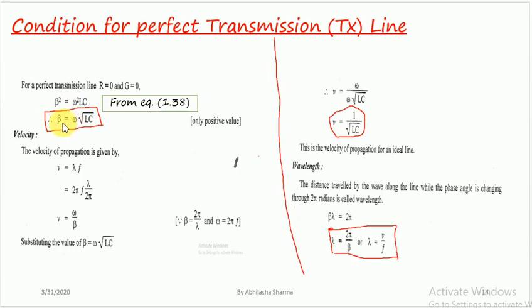So the value of beta is omega root LC. This value of beta is calculated for the condition of the perfect transmission line.